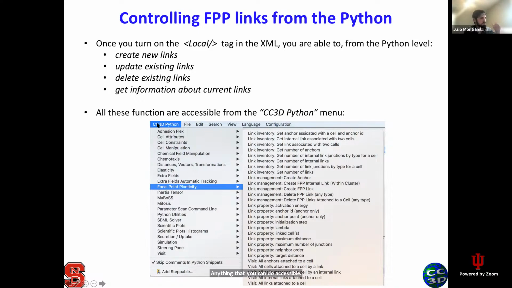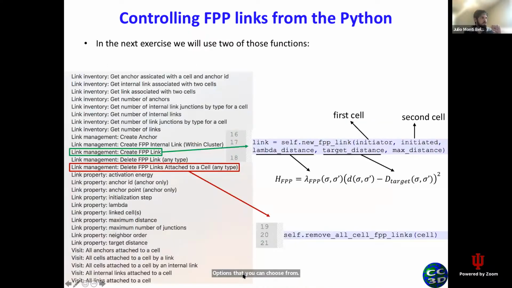Everything that you can do will be accessible from the Twedit. You just go to CC3D Python, and there's an option called focal point plasticity, and you click there, and you see that you have all these options that you can choose from. The ones that you'll usually be using are in link management, create FPP link. So this is how it works.